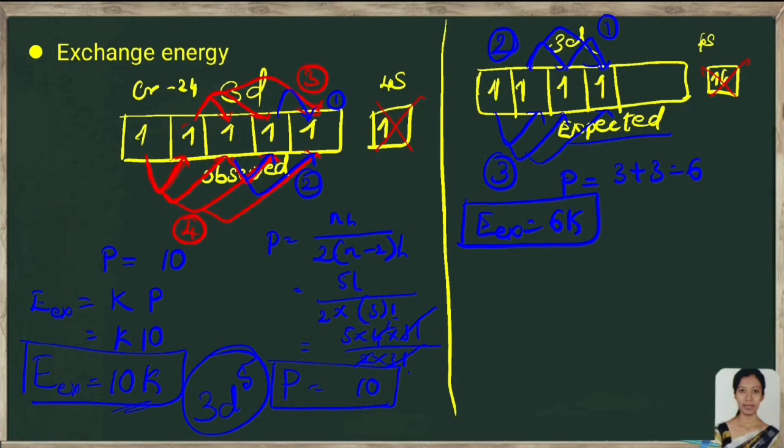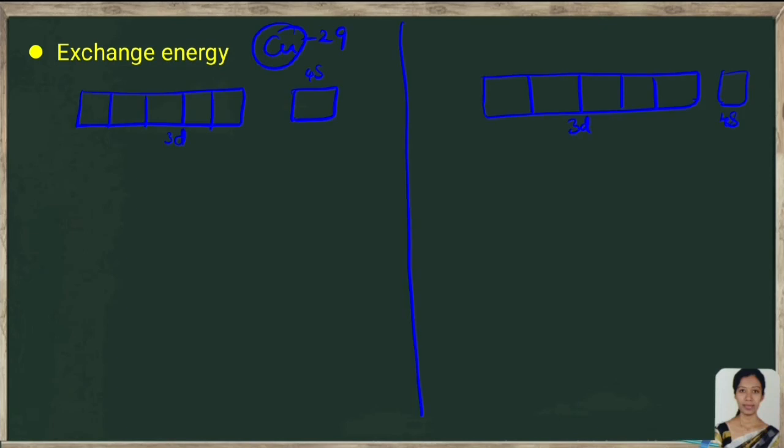Next, we'll take one more example, that is copper. This one is for observed and this one is for expected. As we expected, 4s will take 2 electrons and the 9 electrons will be in the 3d orbital like this. So here in the observed electronic configuration we will be having 10 electrons in the d orbital and 1 electron in the 4s orbital. Here we have two types of electrons, that means upper spin and lower spin.